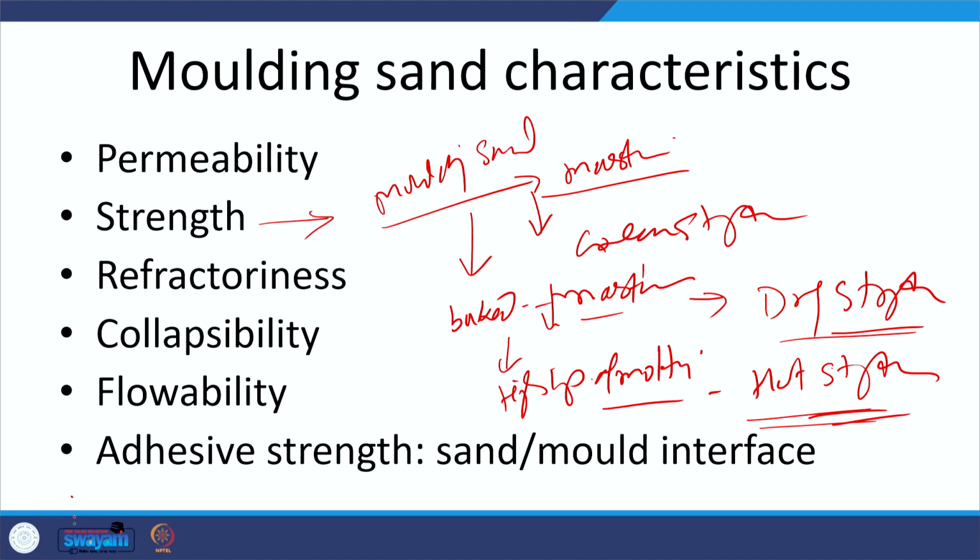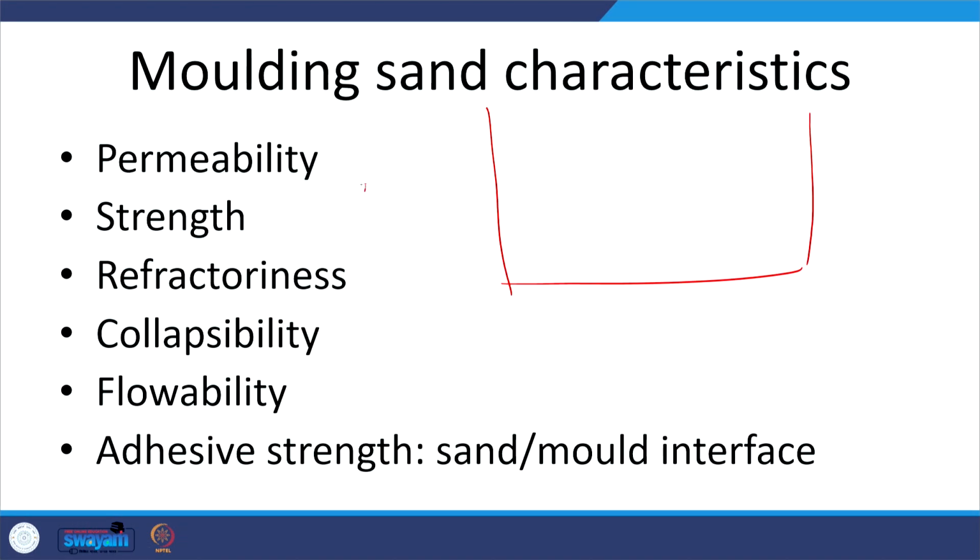Okay, so if we try to see here strength versus temperature versus moisture, then for the green strength, green strength is less. Okay, and the temperature is also less and the moisture is high.